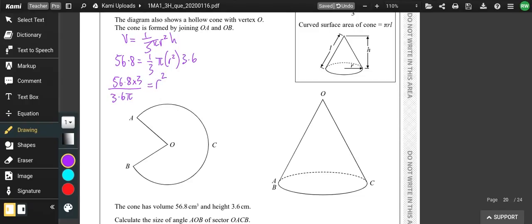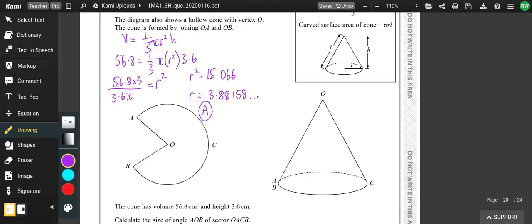56.8 times 3 over 3.6 pi. So that's r squared is 15.066. And then r is going to be 3.88158. I'm going to store r in my memory.